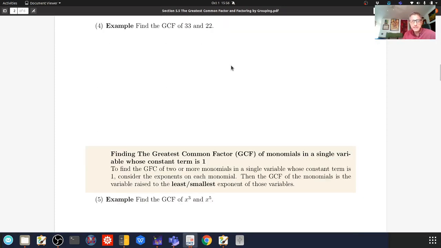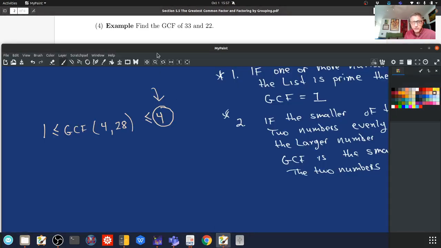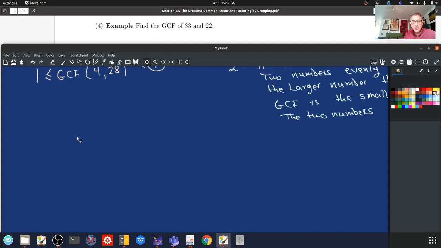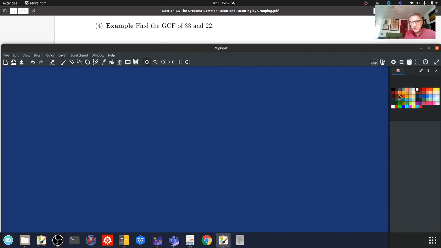And one last example. A lot of this is just gearing you up to learn how to factor. So let's find the GCF of 33 and 22.